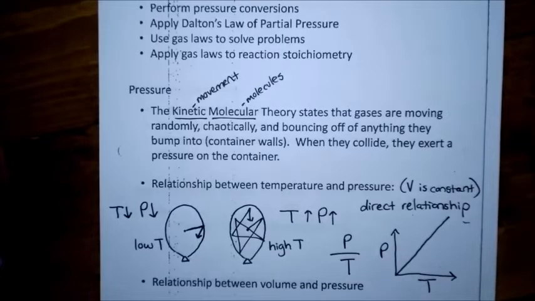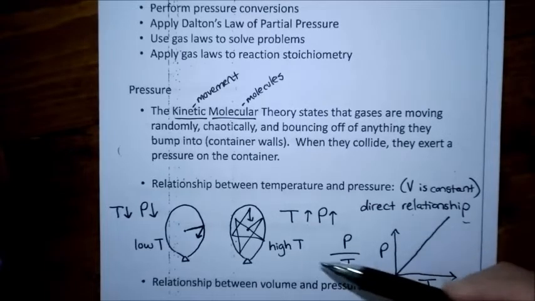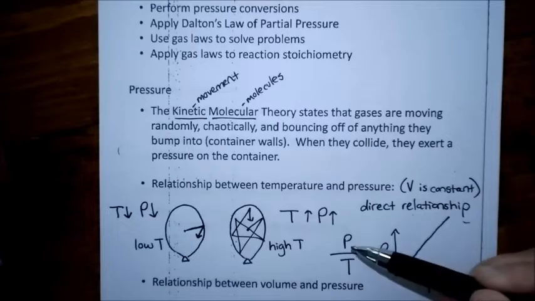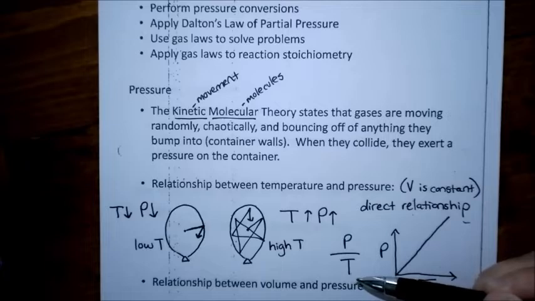If you're ever given an equation that you don't really know much about, you can tell the relationship of the variables based on where they are in the equation. So the fact that, let's say that P and T were on either side of the equal sign, and to get them on the same side of the equation, you have to divide one by the other. That means they're directly related.